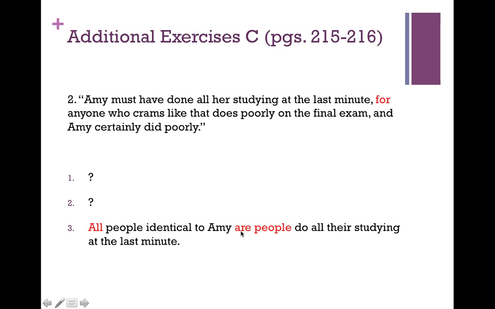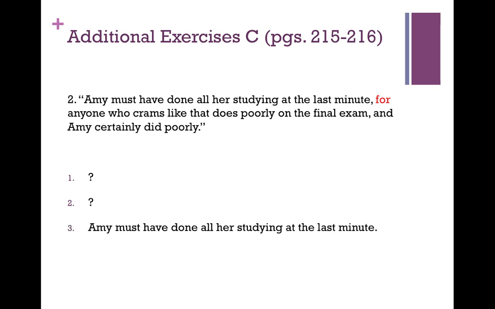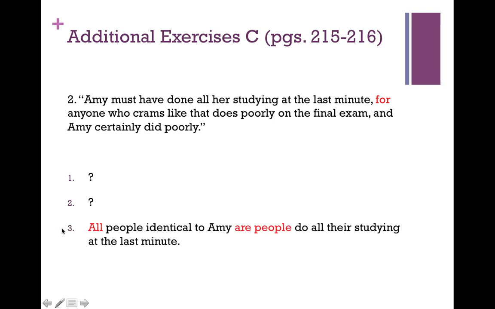And then we have our copula here, and then people who do their studying at the last minute, we have a class here. So this is in standard form. I know it sounds weird, and once you become more familiar with this, you don't always have to rewrite the sentences this way, just as long as you understand when you have a sentence like this, we are using a universal quantifier here to name a class. So this is how we typically do it.